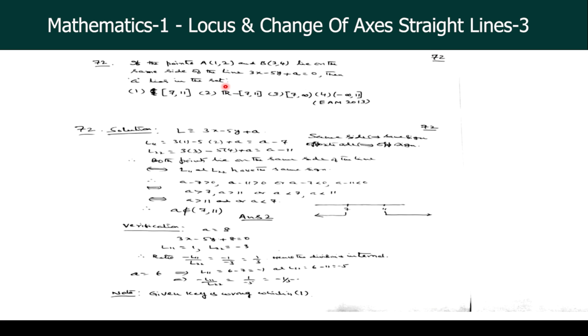A positive ratio means internal division, which means opposite sides. So I checked whether that answer is correct or not, and according to the verification, the key is wrong. So the right key is option number 2, which is R minus the closed interval [7, 11].